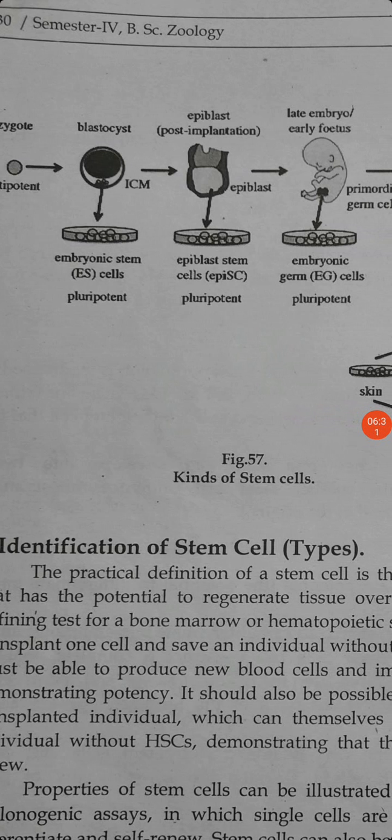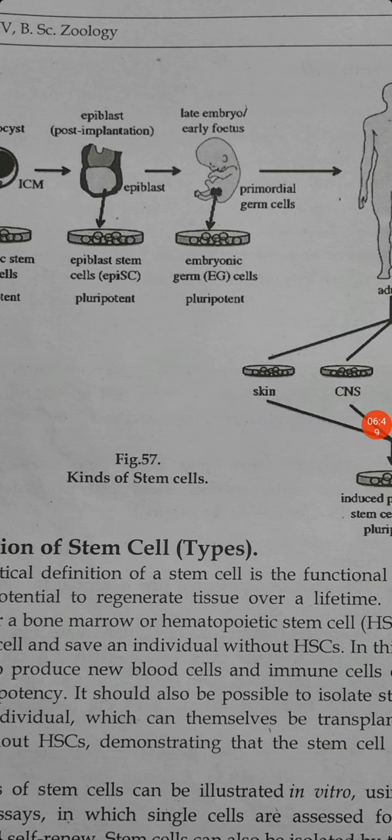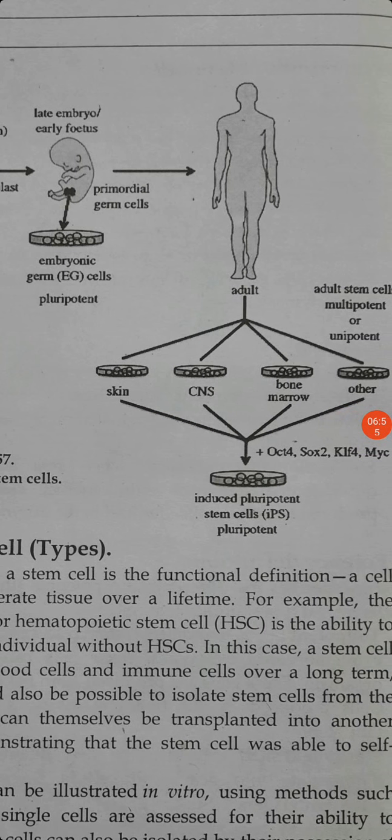So epiblast, that is after the blastula stage, we have a bunch of cells. If we remove the cells, these are called epiblast stem cells. Then from epiblast we get the embryo. And from embryo, we get the germ cells, and here the next stage is the adult one.